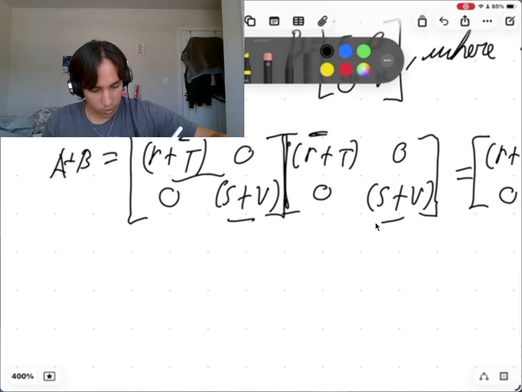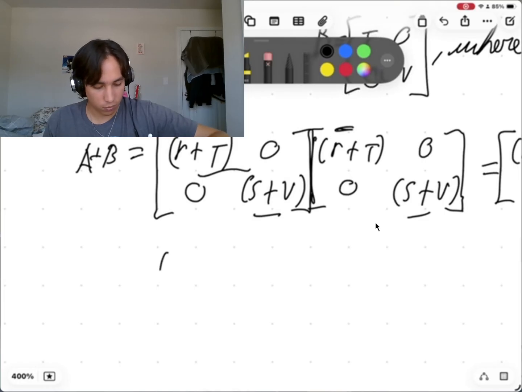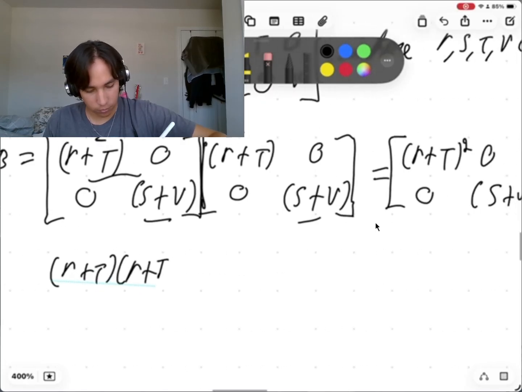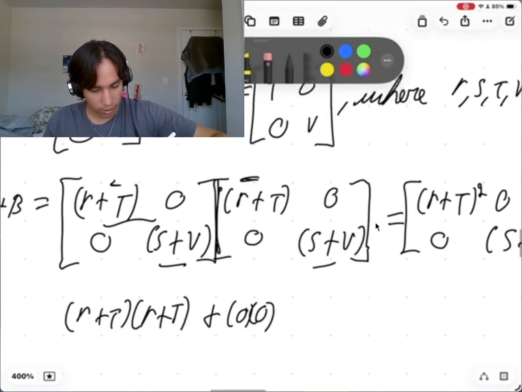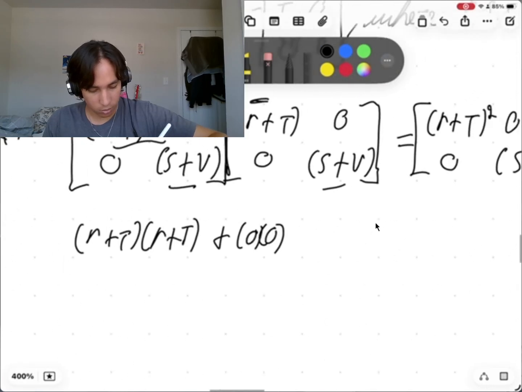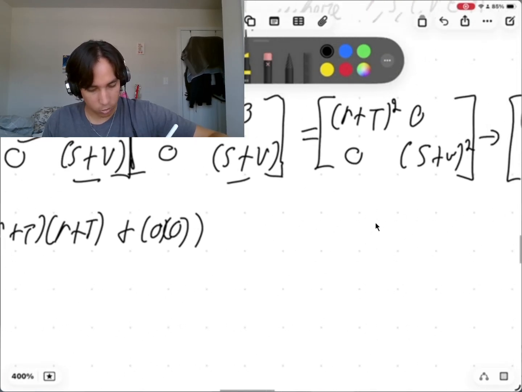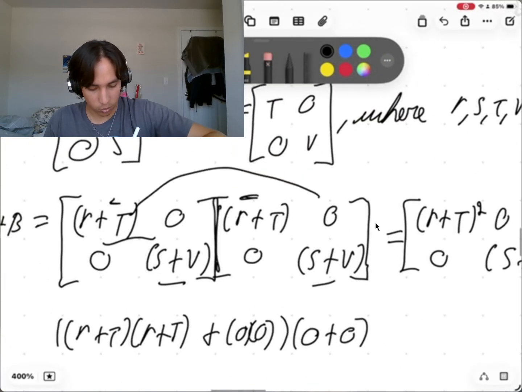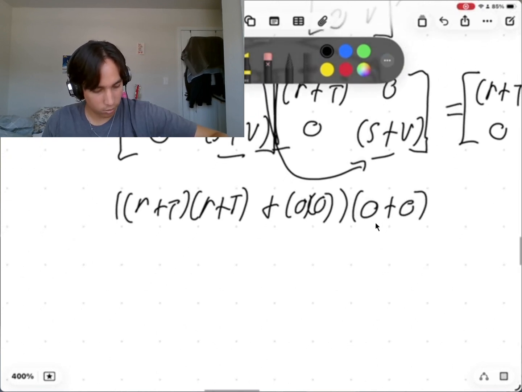I can do a little more expansion. If you do R plus T times R plus T, and then plus 0 times 0, that is the first multiplication. The second multiplication is going to be 0 times 0, 0 plus 0, right? Because this multiplies to that, and this multiplies to that.